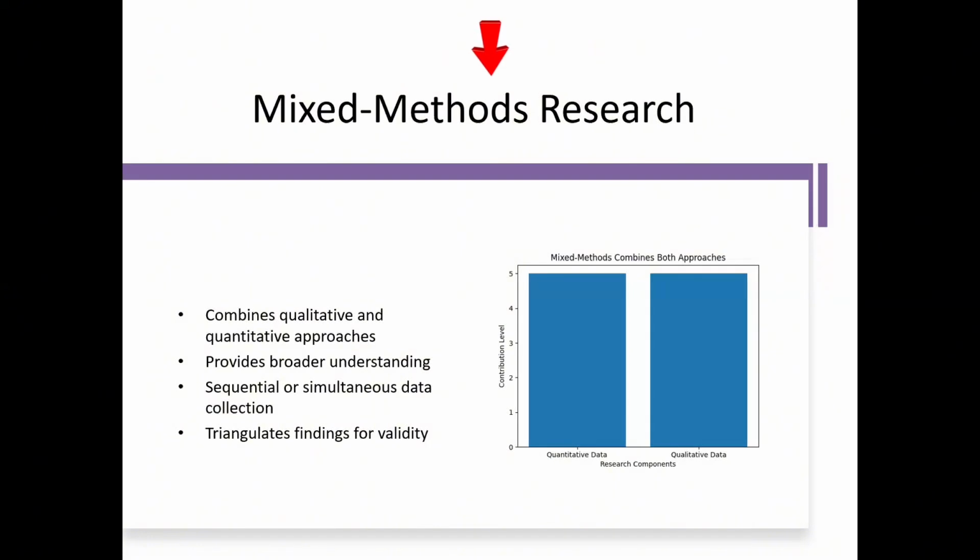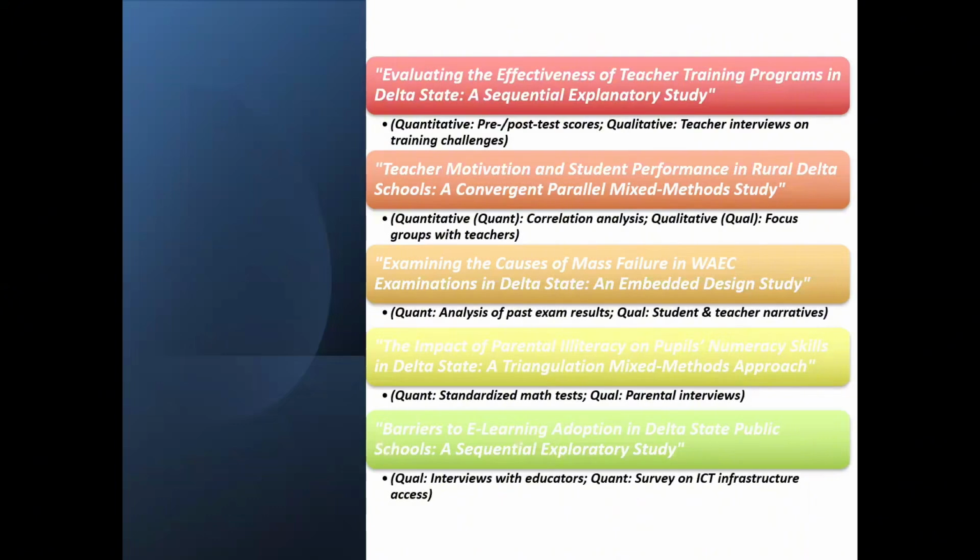So you can see that what they are writing is a qualitative approach, and the one they are ticking is a quantitative approach. And you see, you are carrying it out at the same time. That is simultaneous data collection. The triangulation of findings from this mixed research makes the findings valid. So you have some examples there.